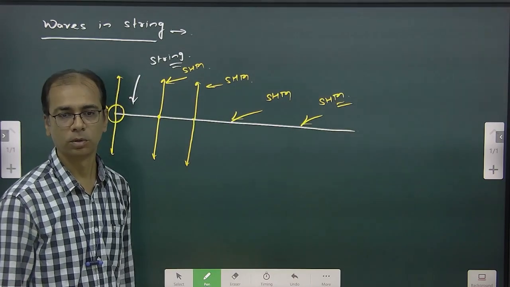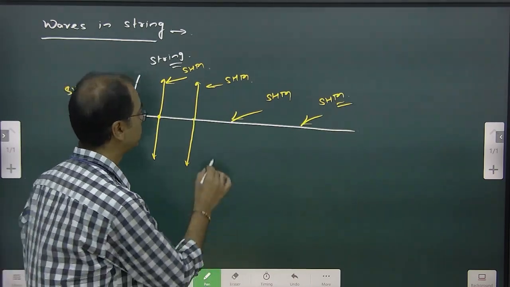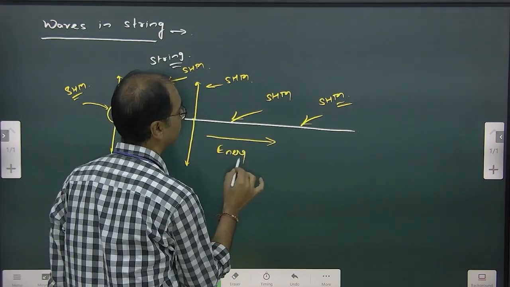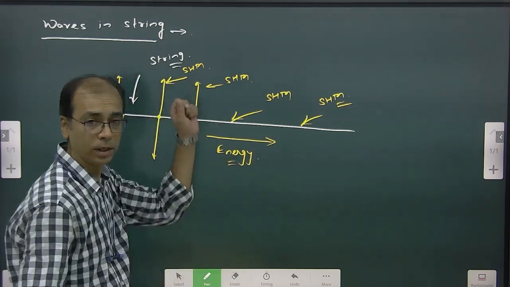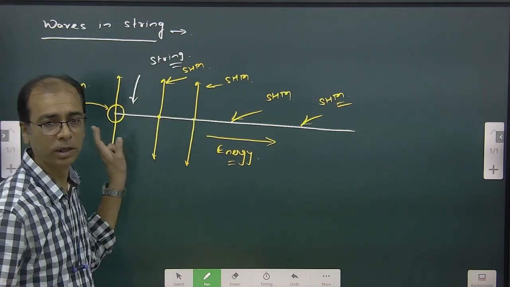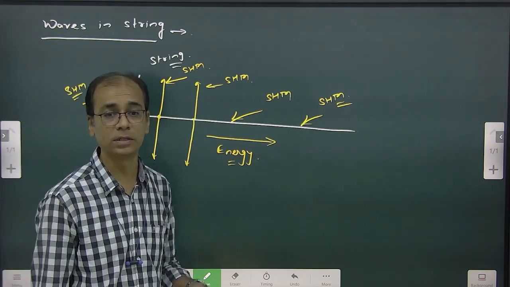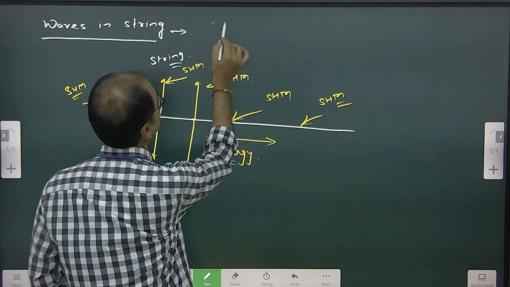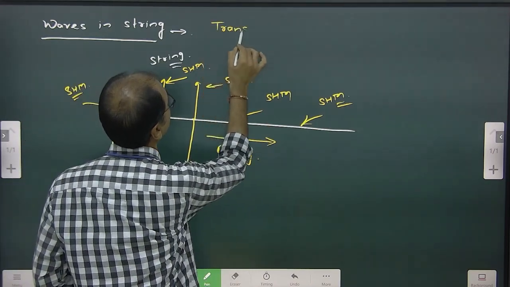The energy is moving like this, whereas the particles are doing SHM perpendicular. The motion of the particle is perpendicular to the direction of propagation of energy. That's why these waves are called transverse waves.